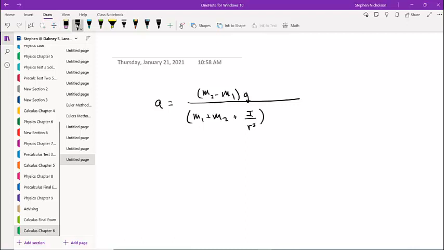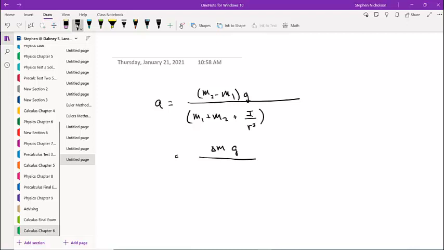Now, this m1 minus m2 is our delta m. So we'll have delta m times g, which is 20, 40, 60, 80, 100 grams, or the equivalent in kilograms. We'll convert that in the program.